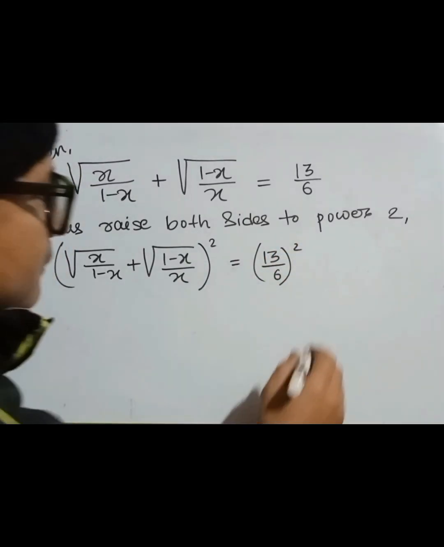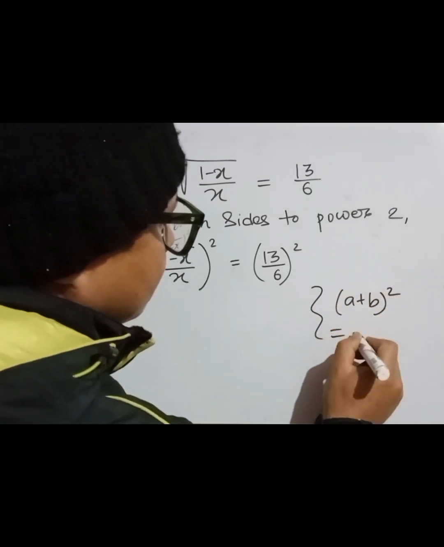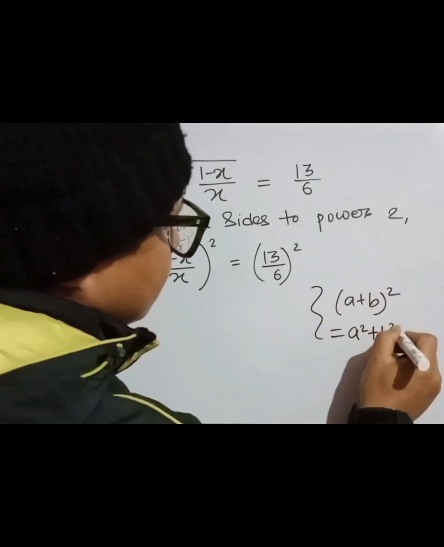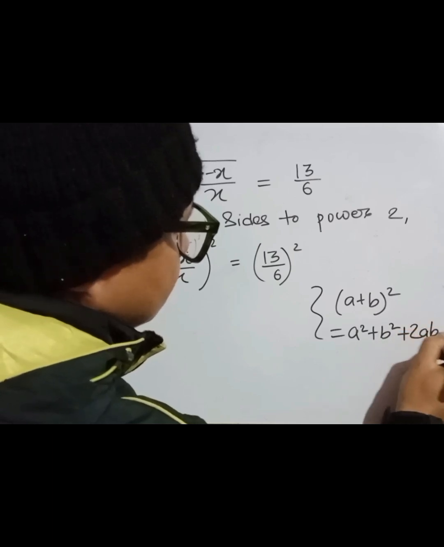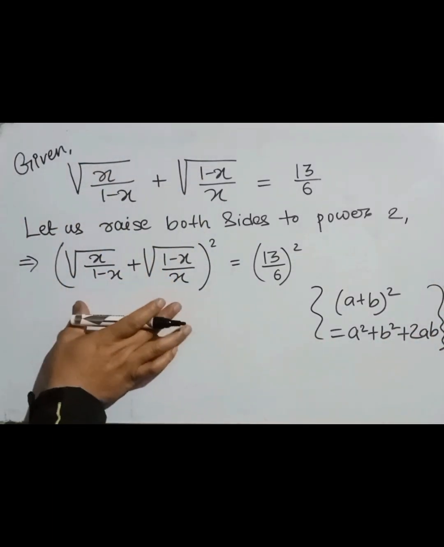Now we can expand the left hand side by using this formula, that is (a+b) whole square is equal to a square plus b square plus 2ab. Here the left hand side is in the form of (a+b) whole square.